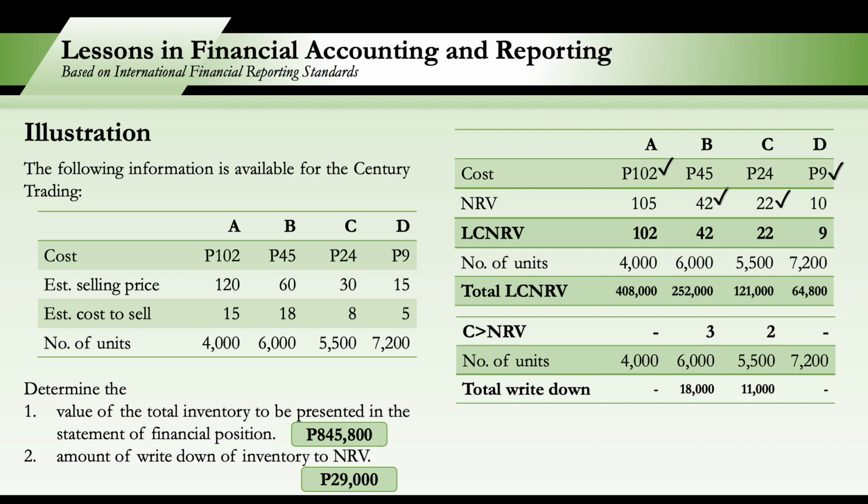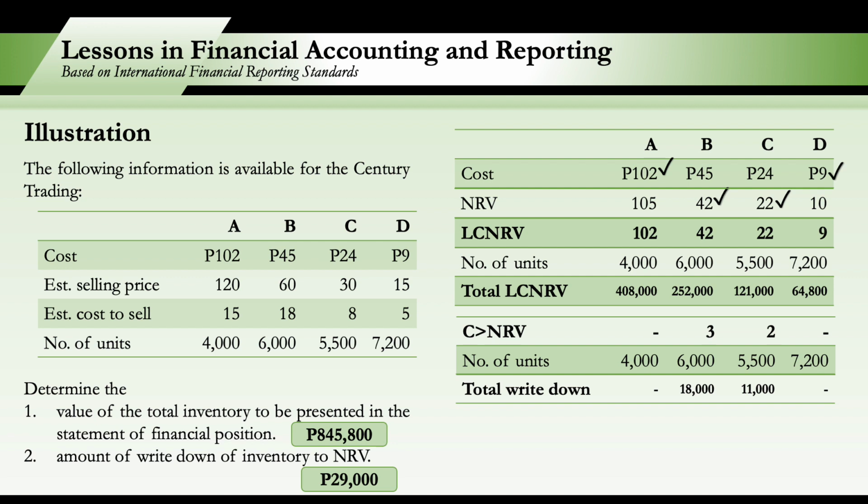For C, it's 24 times 5,500. That's 132,000. And for D, it's 9 times 7,200. That's 874,800. Versus 845,800, which is LCNRV. Ayun. So our inventory write-down is 29,000.